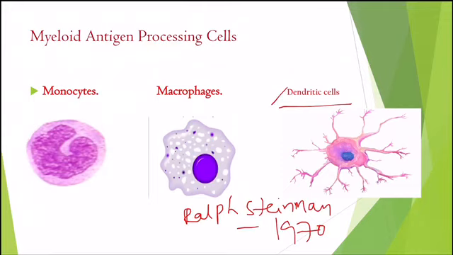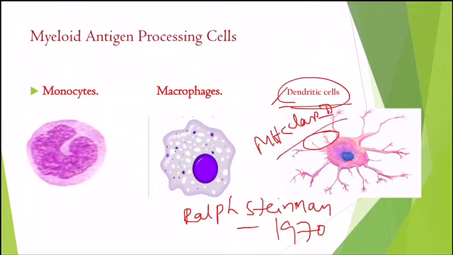They are present in the peripheral blood and peripheral lymphoid organs. These dendritic cells arise from both myeloid and lymphoid lineages of hematopoietic stem cells. Dendritic cells express MHC class 2 along with co-stimulatory signals like B7 and CD28.